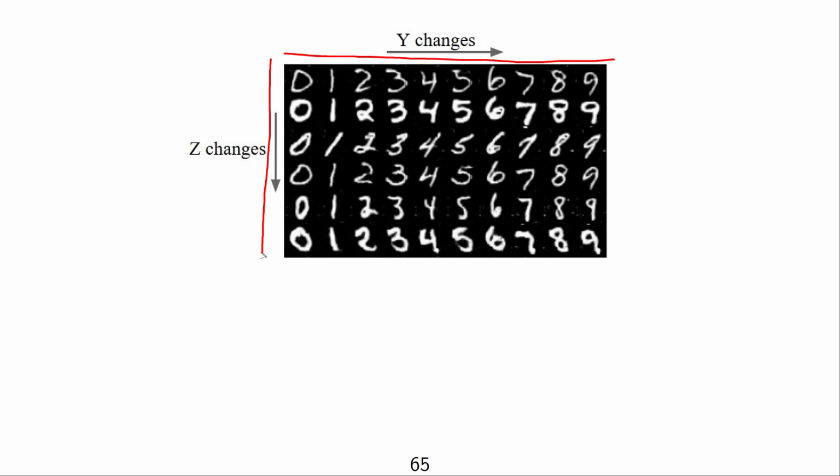What we can observe is that going down one column, let's arbitrarily pick this column of 4s, indeed, if a 4 is required, all the results look like a 4. The same seems to be true for the other digits. So 9s all look pretty good. They all look like 9s.